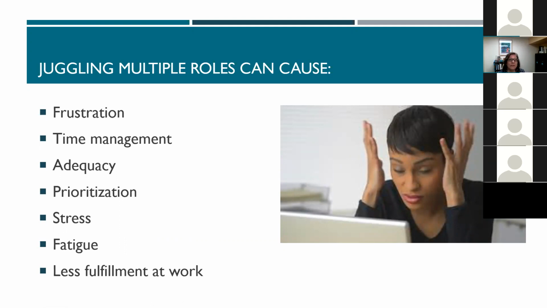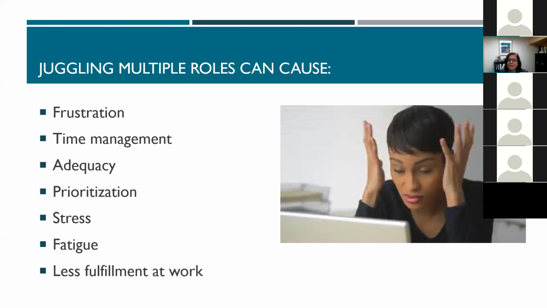Maybe there's difficulty in finding the appropriate resources for your patients. But that is very common for a patient-serving type role.